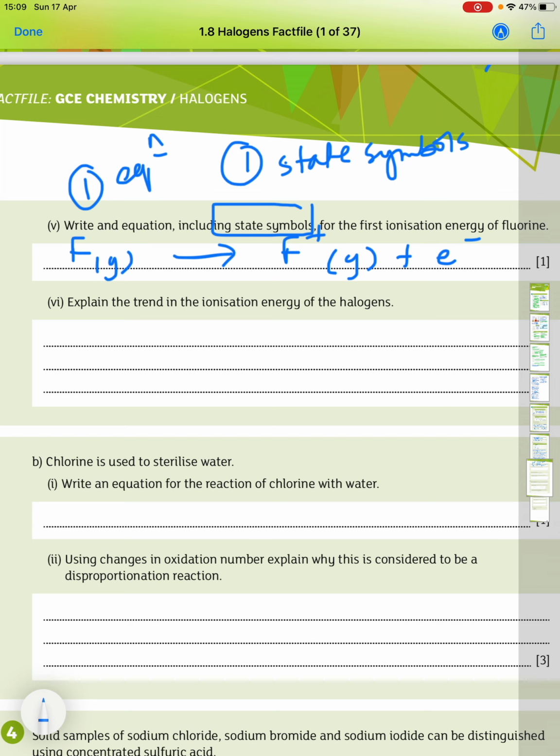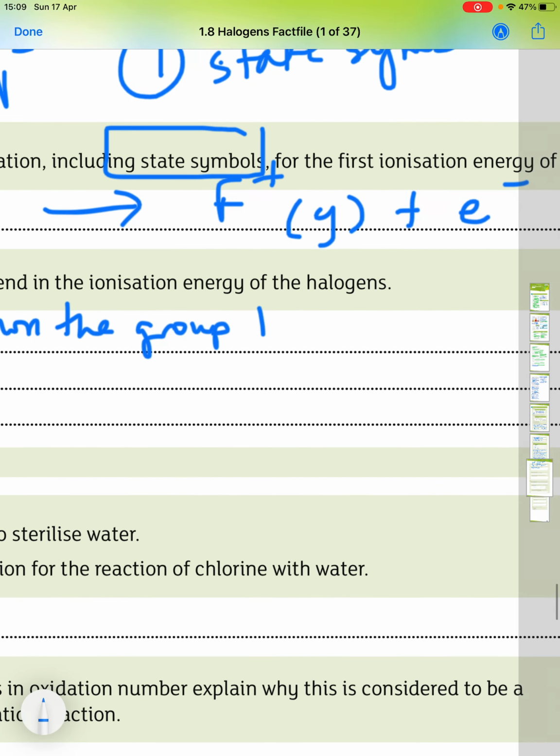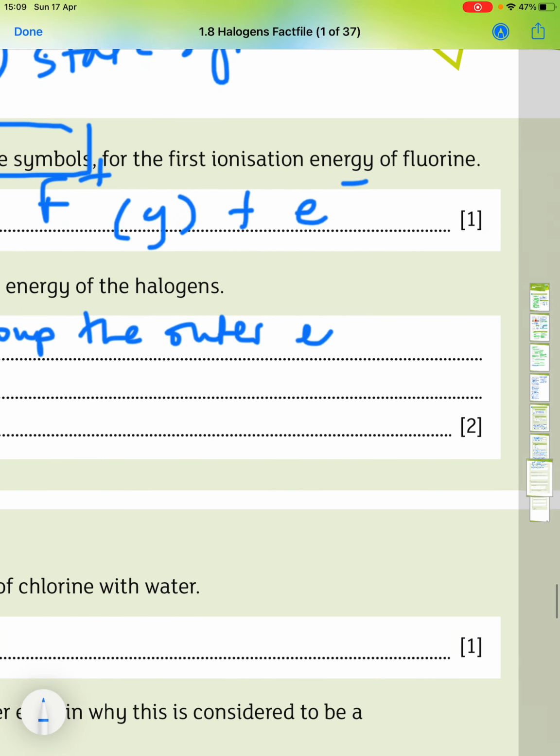Then explain the trend in the ionization energy of the halogens. So we're going to need to talk here about the size of the halogens again. So going down the group, the outer electrons are further from the nucleus.